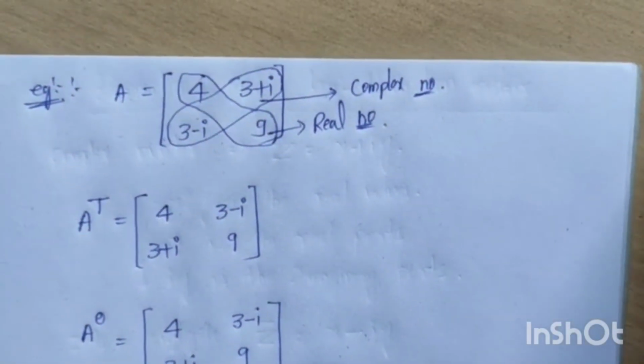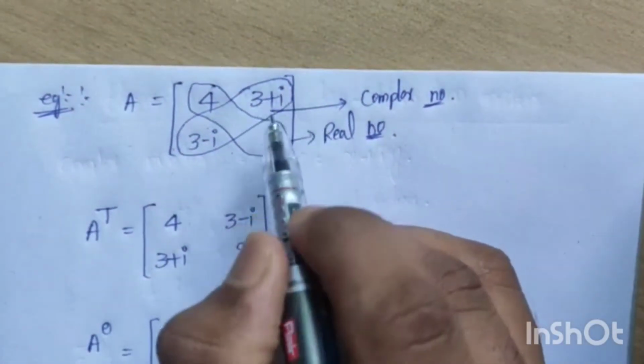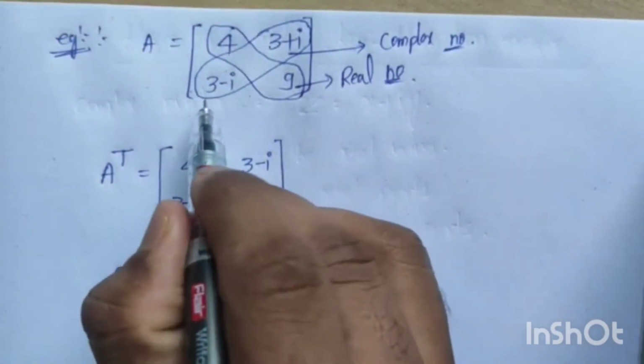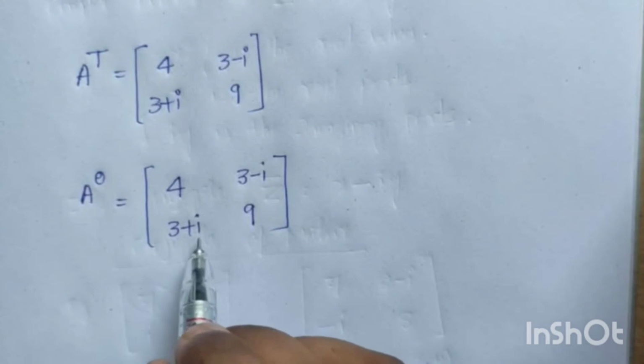Then 3 plus i becomes 3 minus i, and 3 minus i becomes 3 plus i.